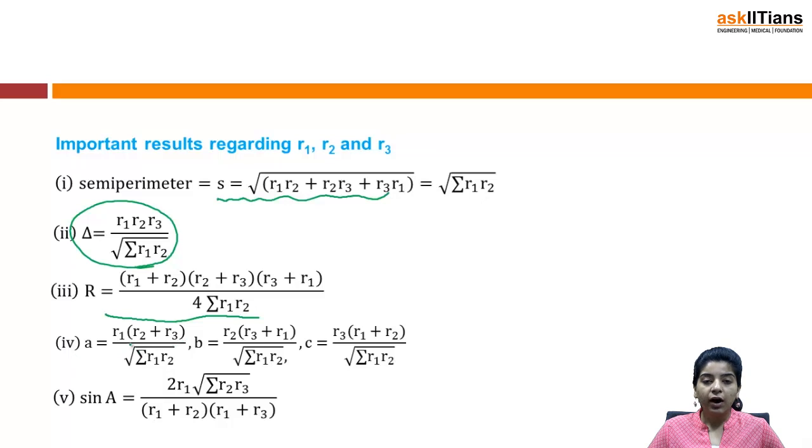And we can find out the values of a, b, c also in terms of R1, R2, R3. a is R1 (R2 plus R3) by the square root of sigma R1R2. Then b is R2 (R3 plus R1) by the square root of sigma R1R2. And c is R3 (R1 plus R2) by the square root of sigma R1R2. Then we have sin A is 2R1 square root of sigma R2R3 by (R1 plus R2)(R2 plus R3).